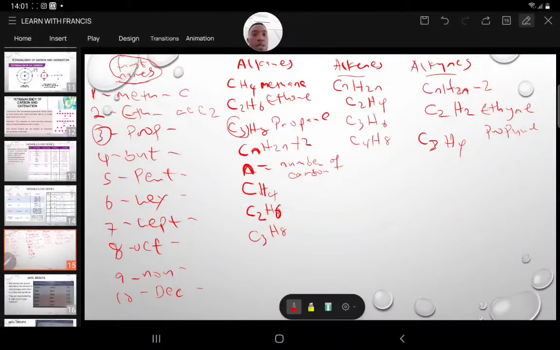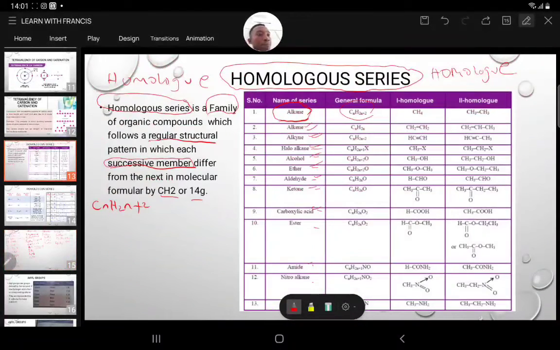So we go back. What I'm going to do now is to enlist. You can see that for all of them, applying this formula, you can get all of these homologues, or what we call families of organic compounds. So now let me talk about this. Remember, successive member means the next one, the one that follows. So why is it that each successive member differs from the next by CH2?